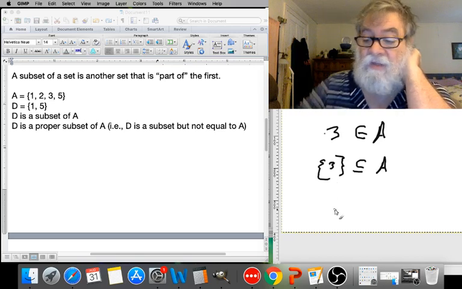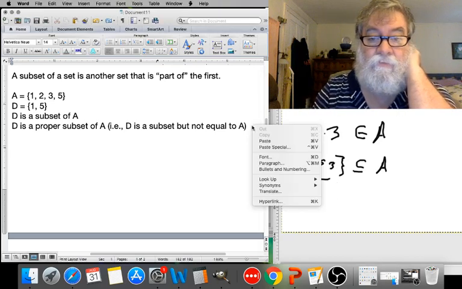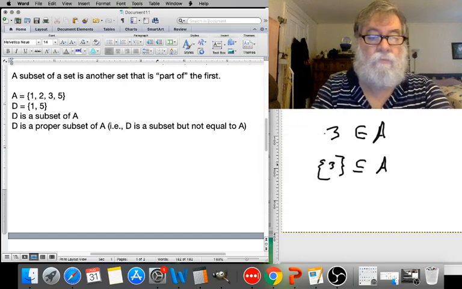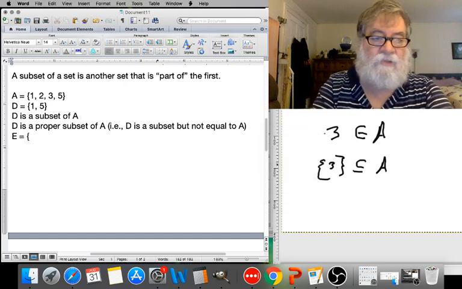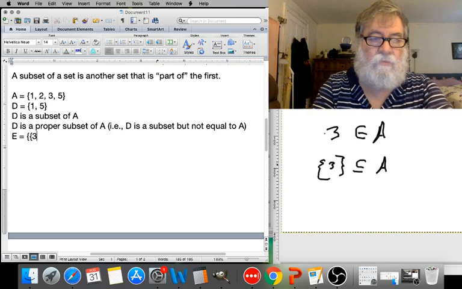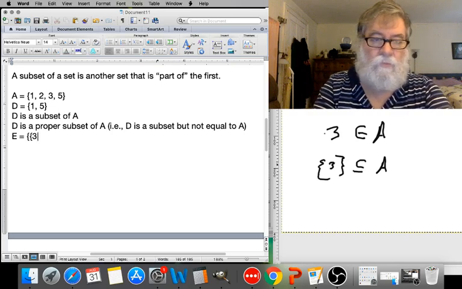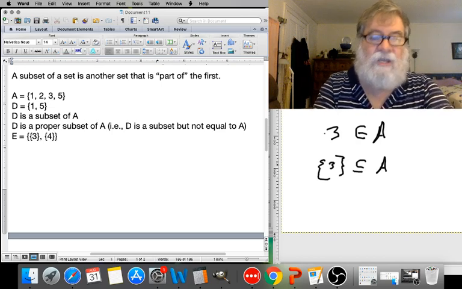But if we add another set like this, it seems a little weird, but it's possible. Which had two sets in it.